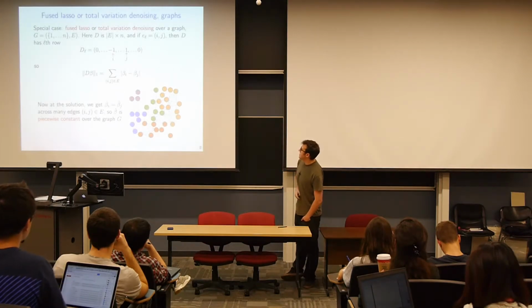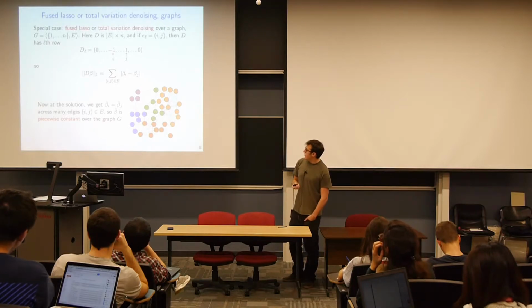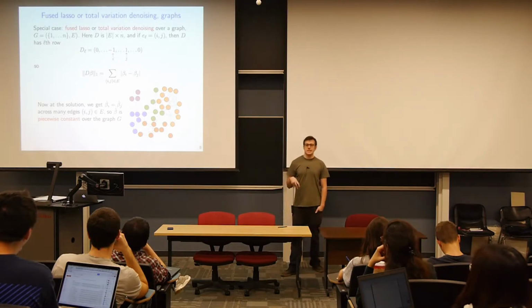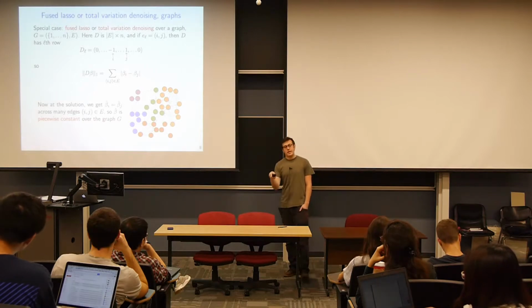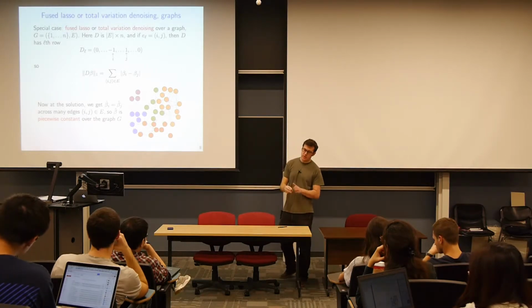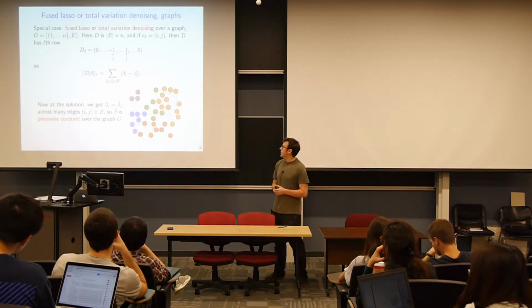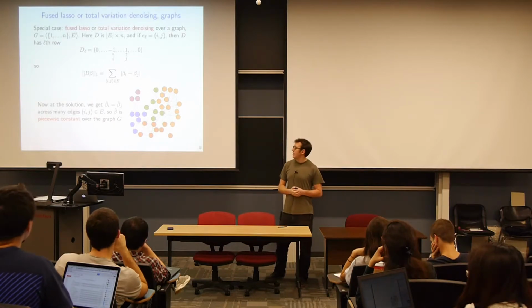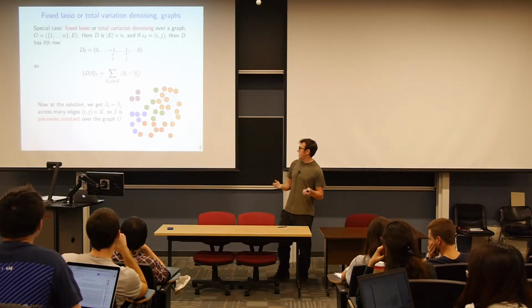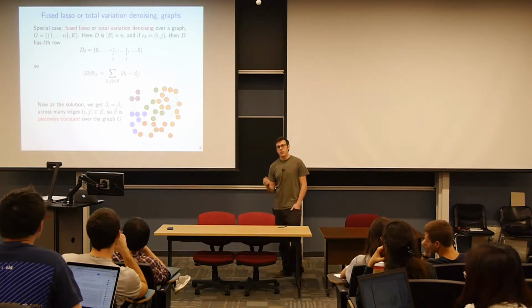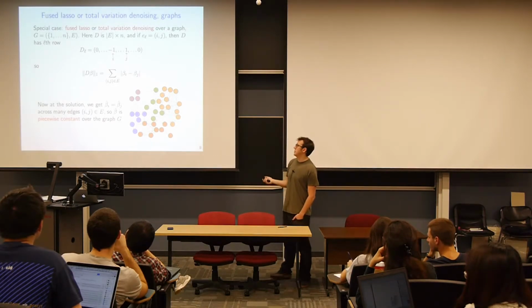All right, let's continue. We can generalize this D penalty matrix by, instead of considering just differences between adjacent components of beta, thinking of beta as being associated with some graph, and then we can penalize the differences over this graph.